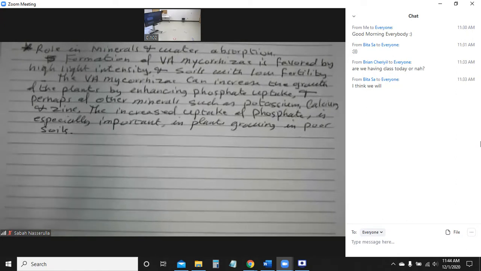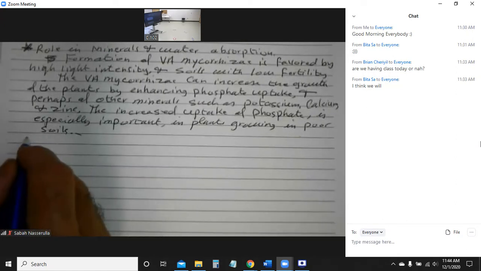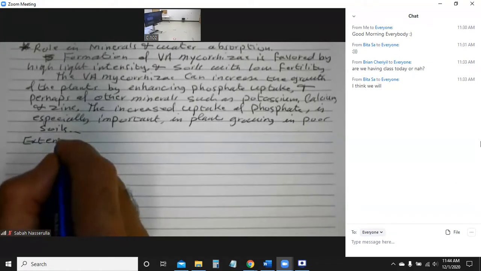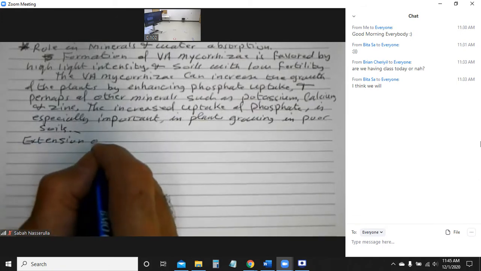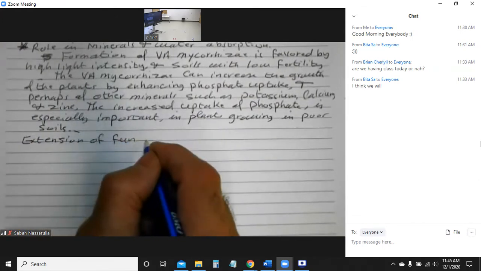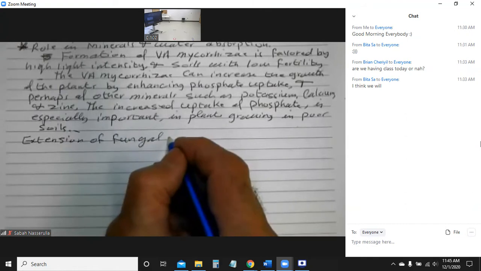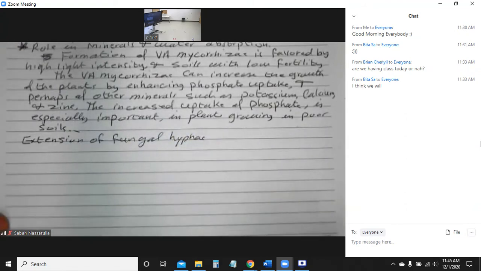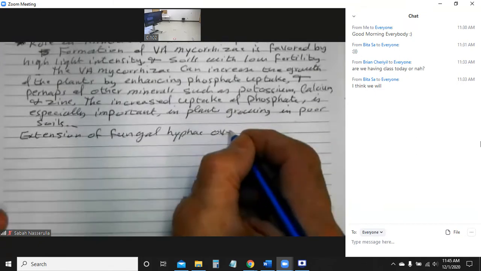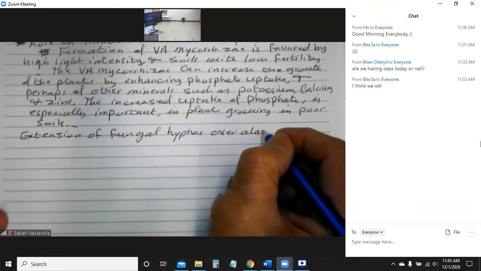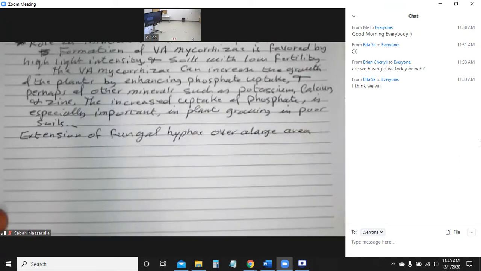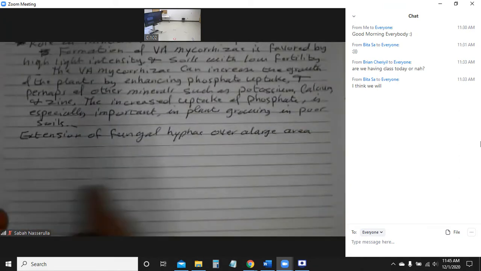Extension of fungal hyphae over a large area will increase the area for absorption.